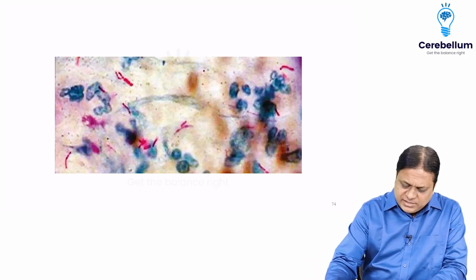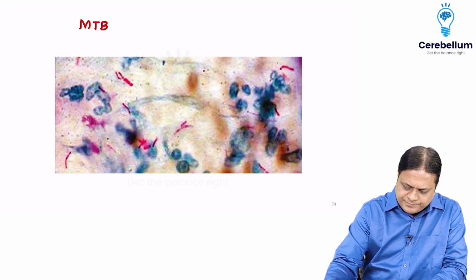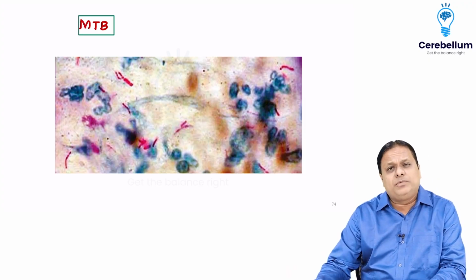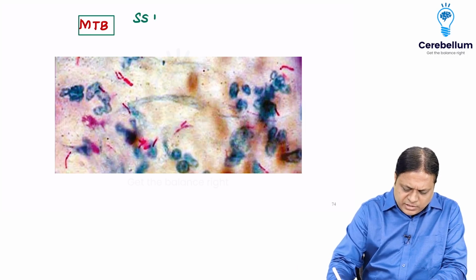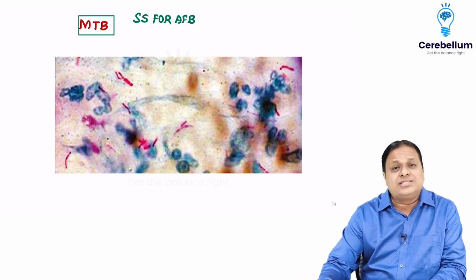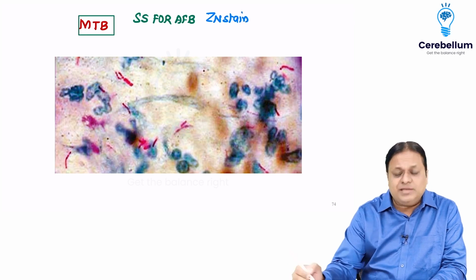This is, yes, Mycobacterium tuberculosis. And what is the diagnostic test for Mycobacterium tuberculosis in the country? We use sputum smear for acid fast bacilli, where the stain used is Zn stain. And how do you identify the bacilli?